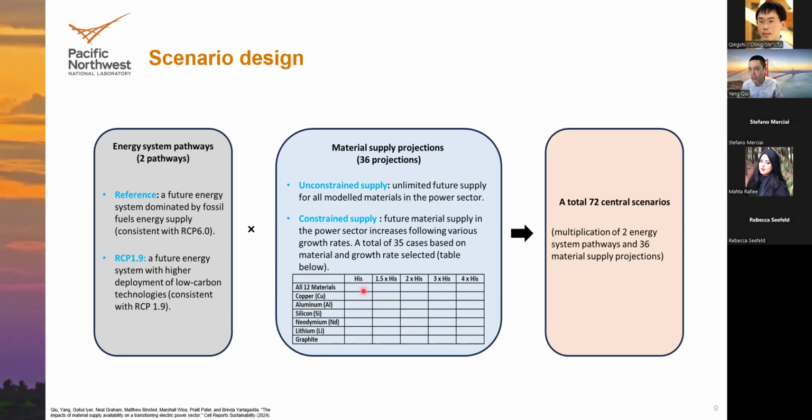And then for the future supply projections, we looked at the historical growth rate and then multiples of the historical growth rate, because we want to see how future material supply needs to increase in order to meet the demand. So a combination of this energy transition pathway and the material supply projection gives us around 72 total scenarios. But in the following results, I'm going to just show you a few of them to demonstrate this capability.